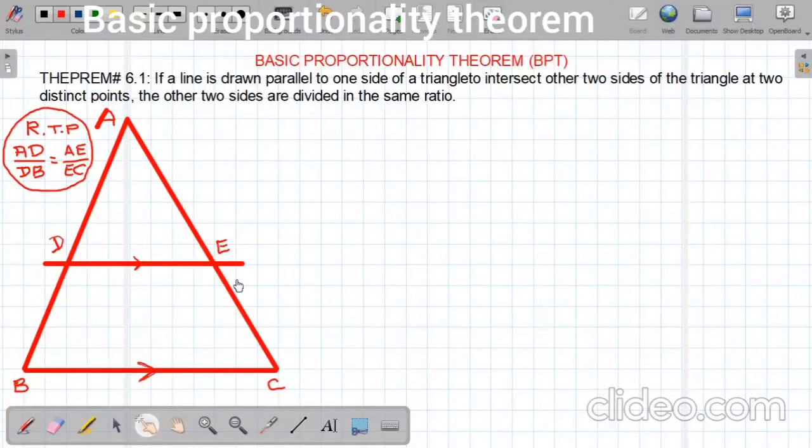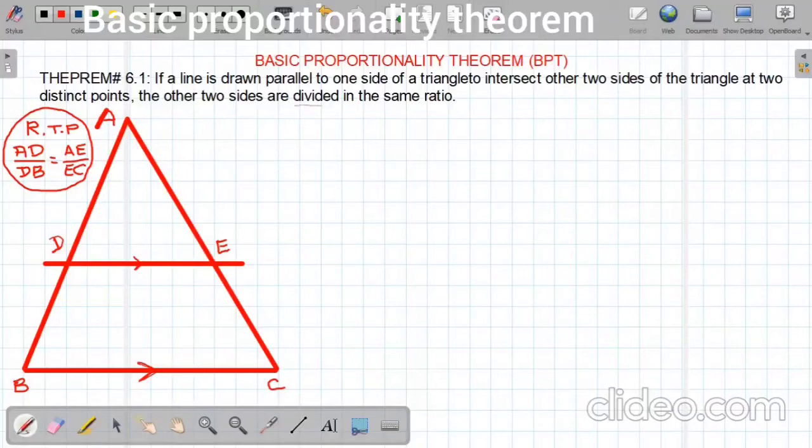The line is DE, and it intersects the other two sides at two distinct points, D and E. If a line is drawn parallel to one side of a triangle, intersecting the other two sides at two distinct points, the other two sides are divided in the same ratio.